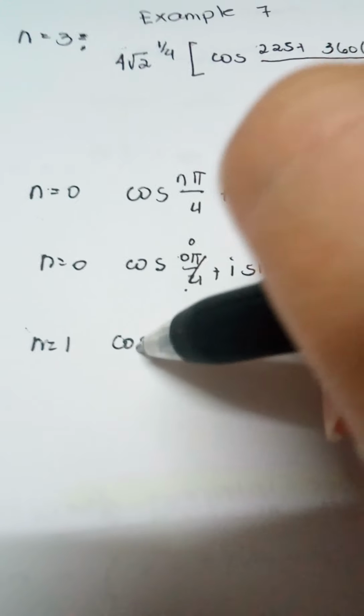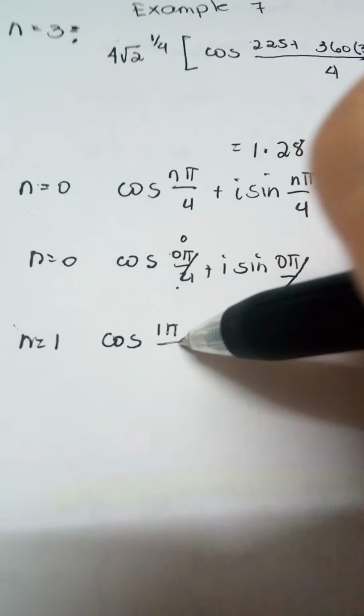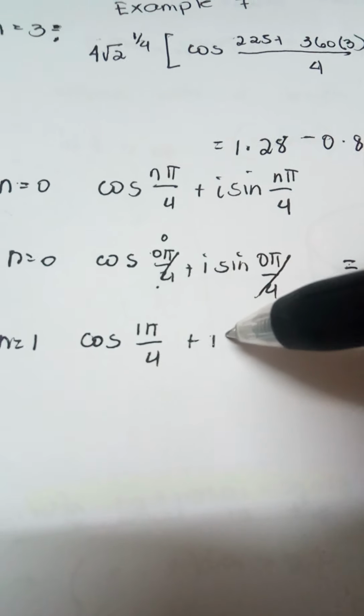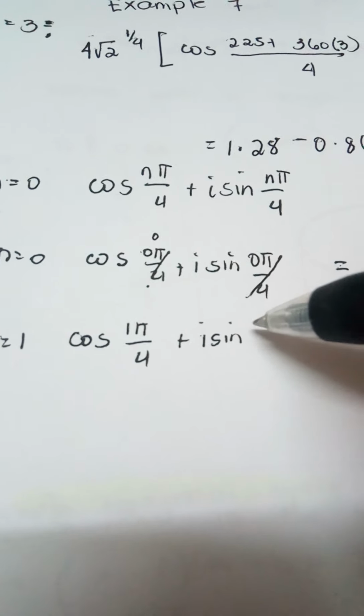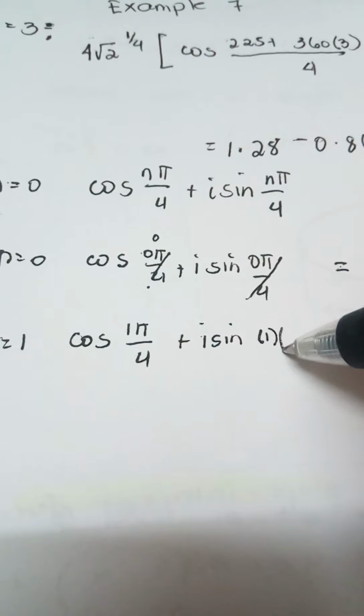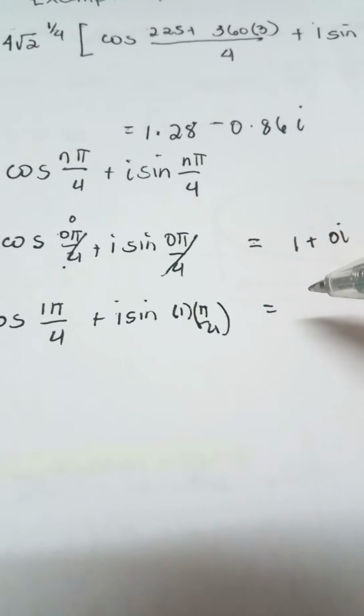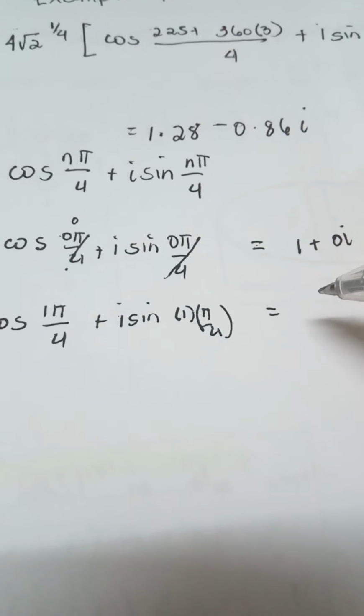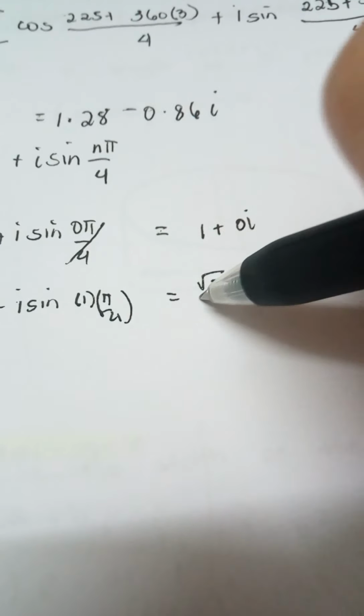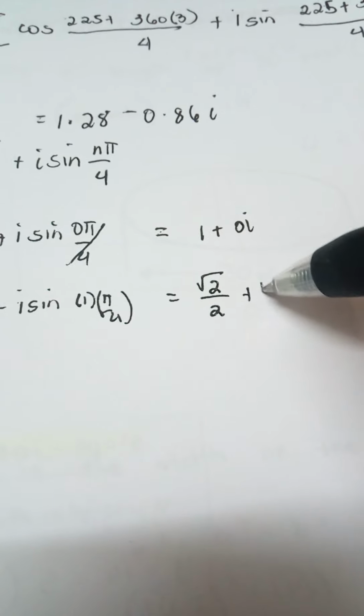Next, when n is equal to 1, cosine 1 times pi over 4 plus i sine 1 times pi over 4 is equal to cosine pi over 4, which is the square root of 2 over 2, and sine pi over 4 is the same. Square root of 2 over 2 plus the square root of 2 over 2 i.